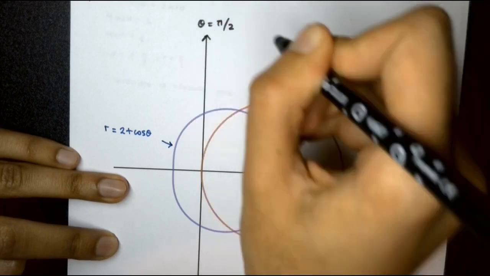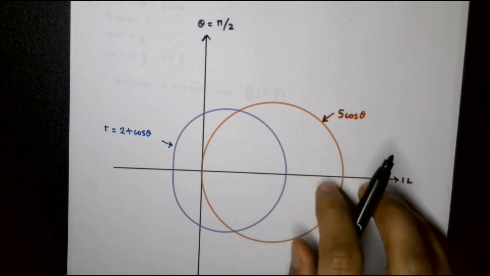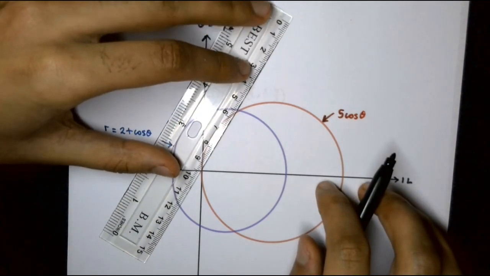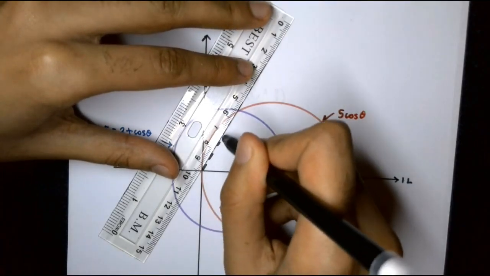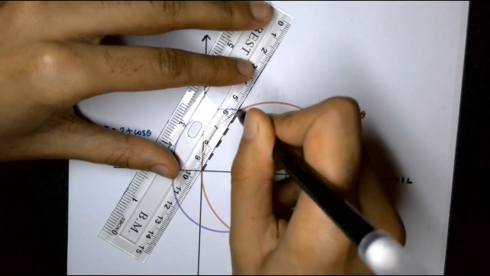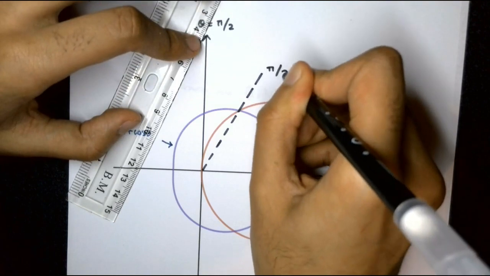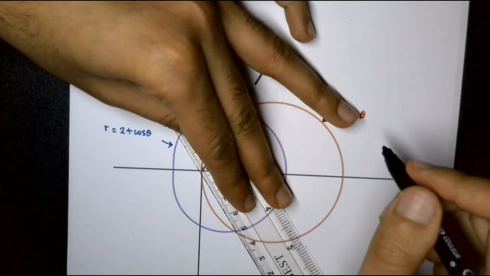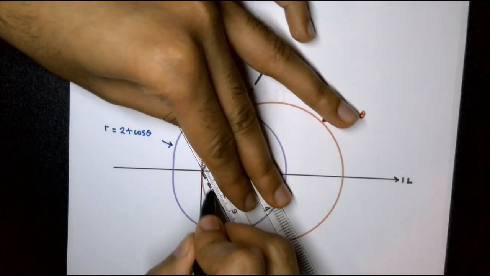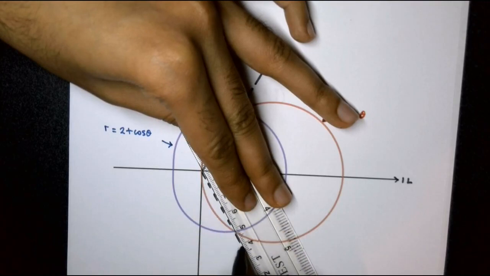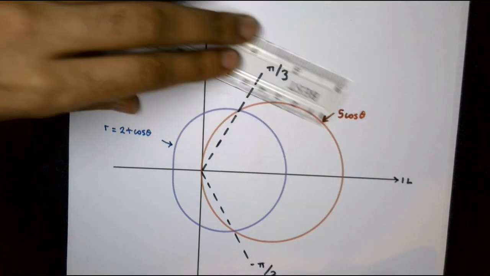Now, the way we can think about this, hopefully here you can see, we've got a half line over here, we've got pi over 3, and here we've got another half line, minus pi over 3.